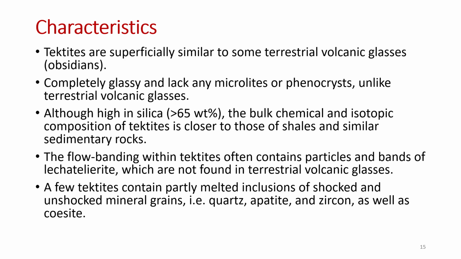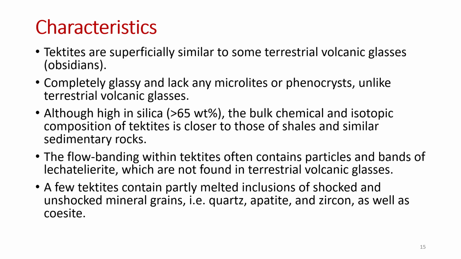And tektites are superficially similar to some terrestrial volcanic glasses, also known as obsidians, which are completely glassy and lack any microlites or phenocrysts. Although they are high in silica, the bulk chemical and isotopic composition of tektites is closer to those of shales and similar sedimentary rocks.